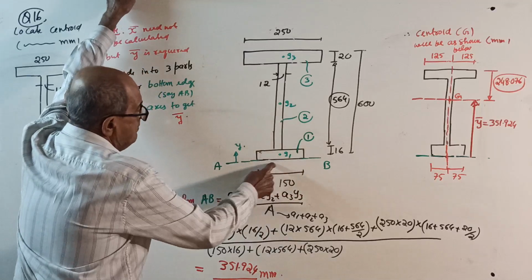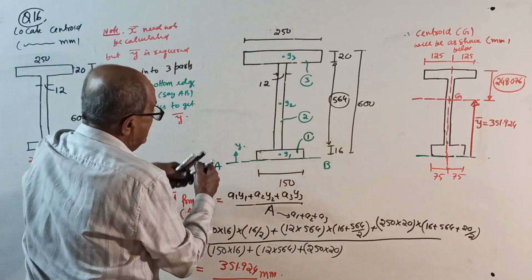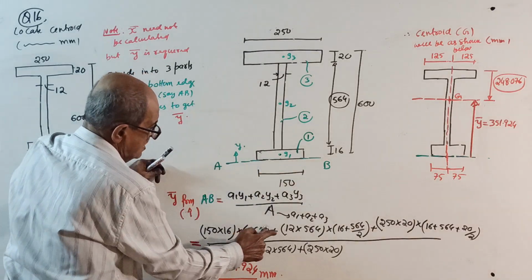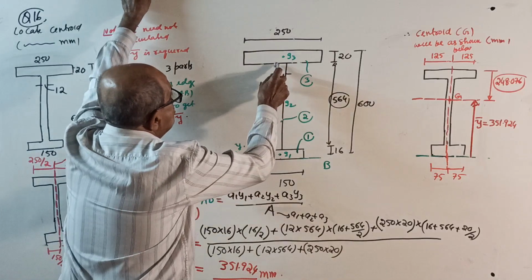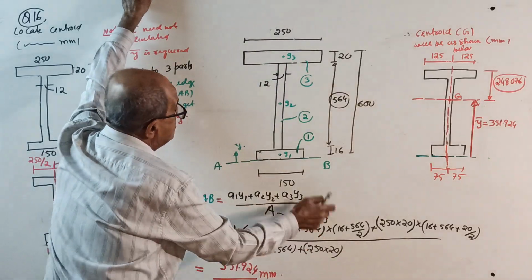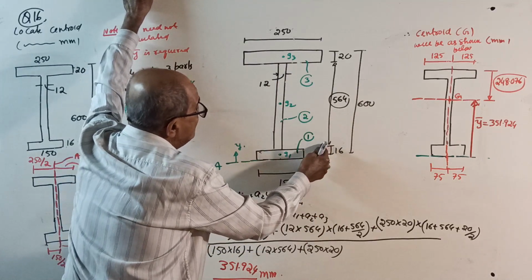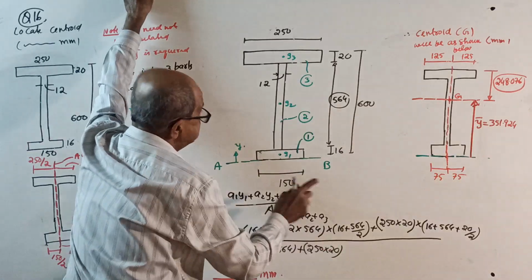A1, 150 by 16 into its centroid from AB, 16 by 2, plus A2, 12 into 564 into its centroid from here, 16 plus half of 564.